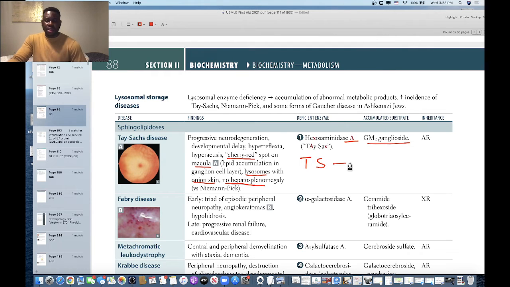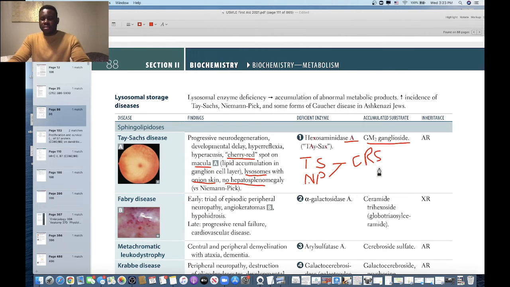Before I even say this, I would just want you to know that Niemann-Pick and Tay-Sachs both have cherry red spots, right?